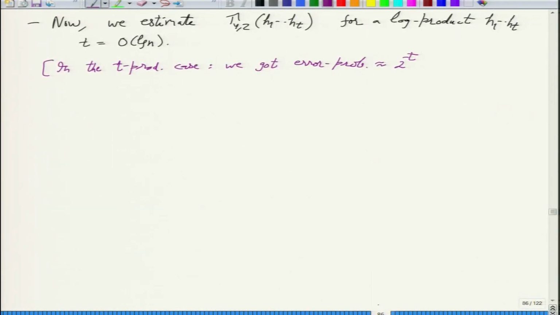So just from that you can see that now you will get something. It was something like n to the minus t that you got. Now in the log product case, t is not that high. The things that you are multiplying are not so many.